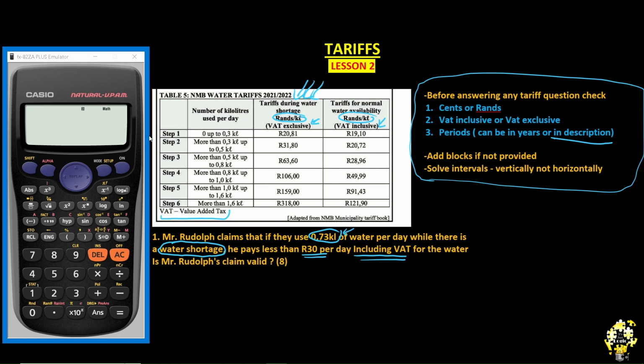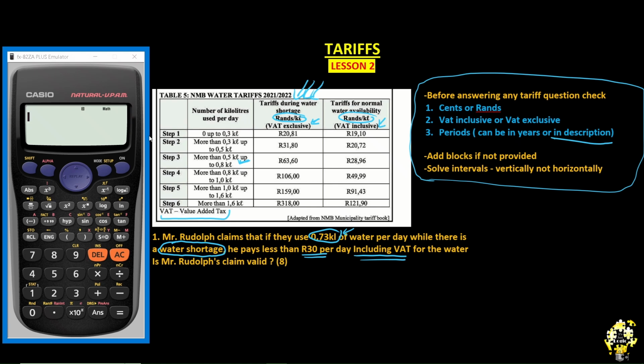In fact, you can do it like taxation. We look at the numbers on the right. Between 0.3 and 0.73, which one is big? It's 0.73. It doesn't fall on step 1. Between 0.5 and 0.73, 0.73 is still big. Between 0.5 and 0.8, this is where it falls.